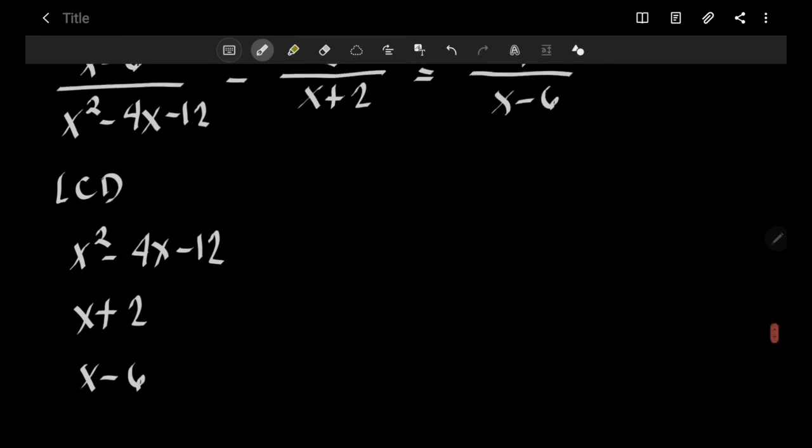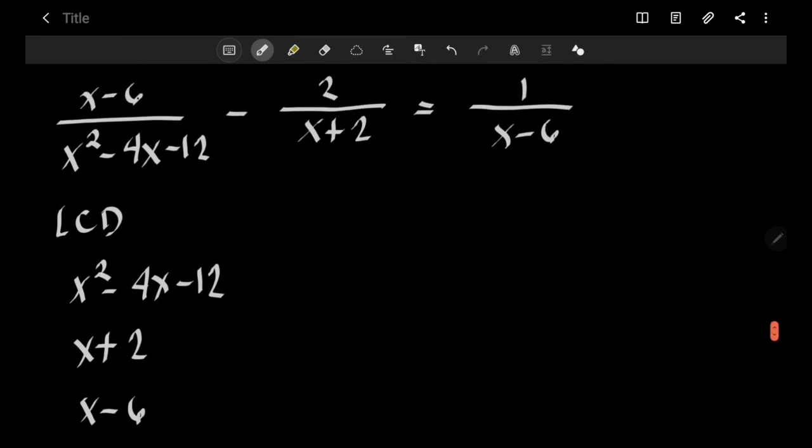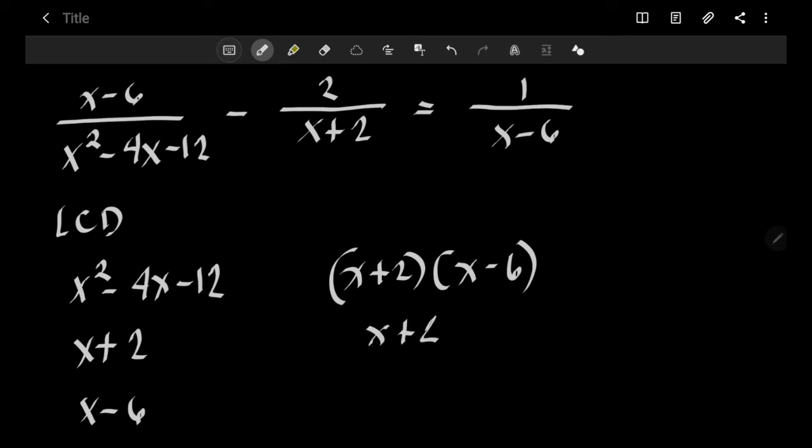Okay. Now, factor your denominators if possible. So, the factors of x squared minus 4x minus 12 is x plus 2 and x minus 6. Then, x plus 2 is as is, and also x minus 6.